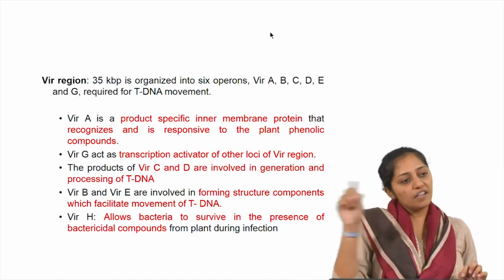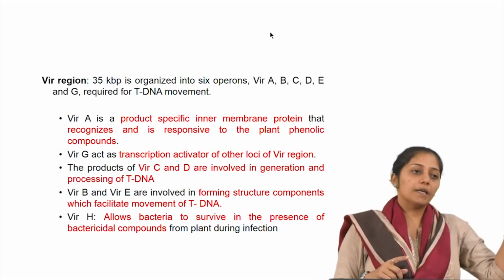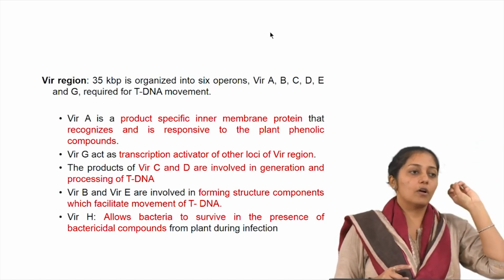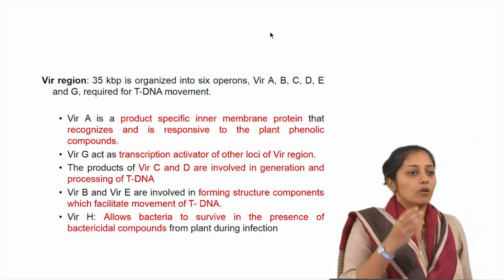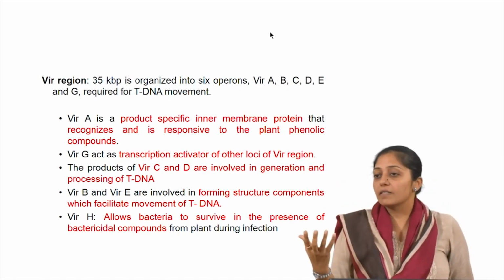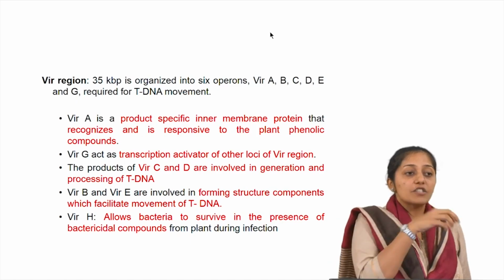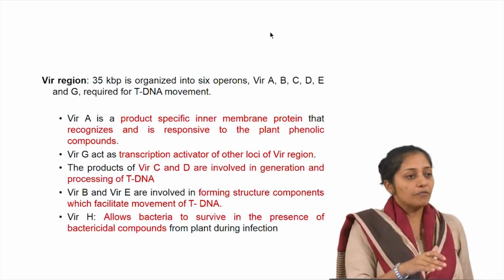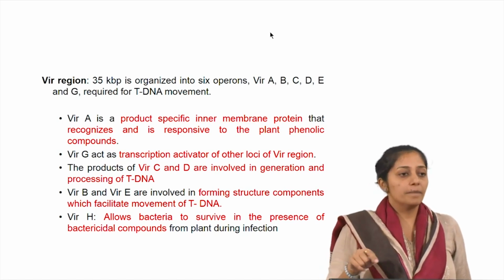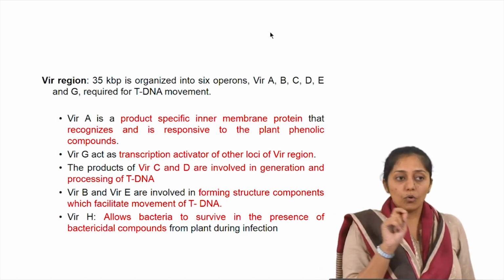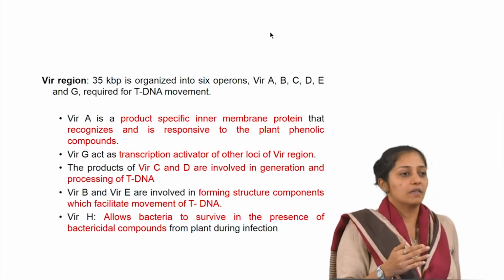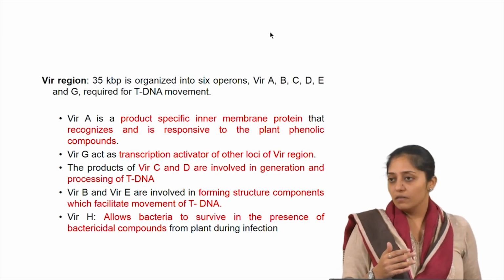It is not only transfer which is happening; from the time of induction, there are signals like defense molecules or polyphenolic compounds released by injured plant cells, which act as cues. They induce some of these virulence regions in the Agrobacterium, and these different proteins will be responsible first for induction of subsequent other regions of the virulence gene.